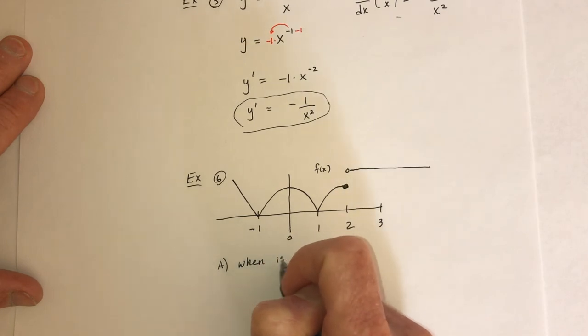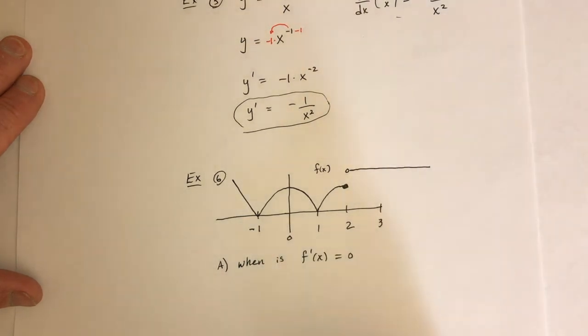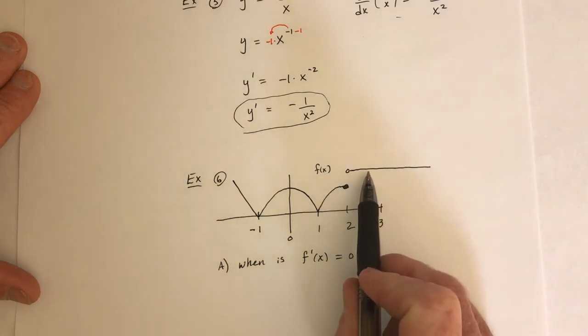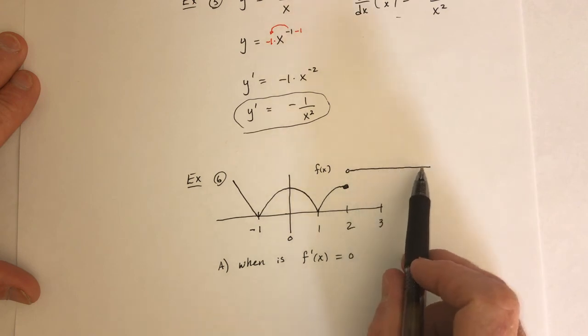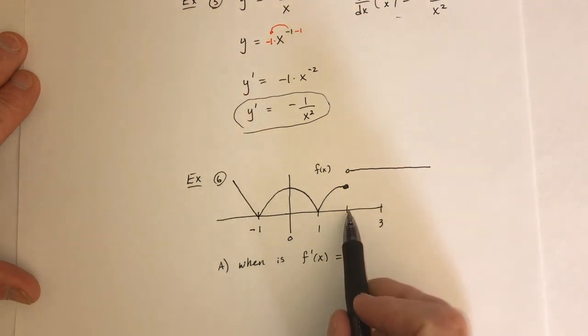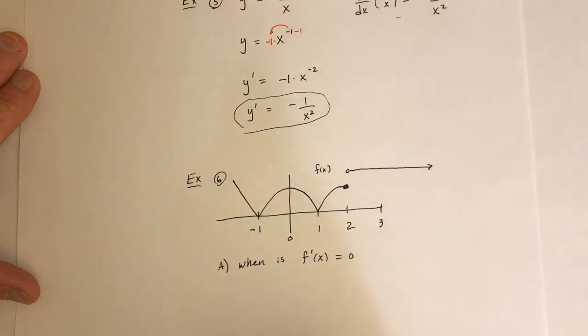When is the derivative equal to 0? So the derivative equals 0 means slope equals 0. So for this whole straight line right here, this is a horizontal line, so its slope is 0. So the answer in part A would be from 2 on, this is going on forever.